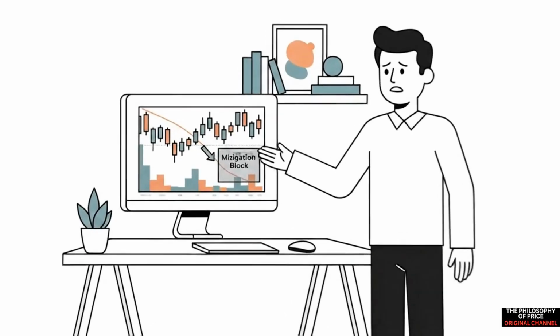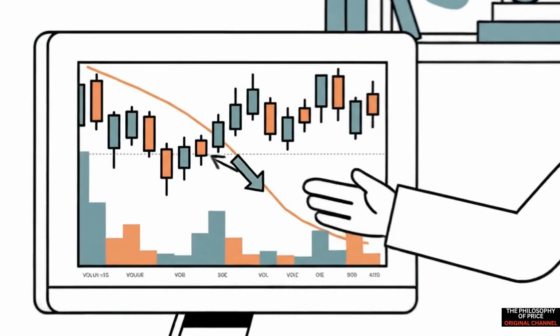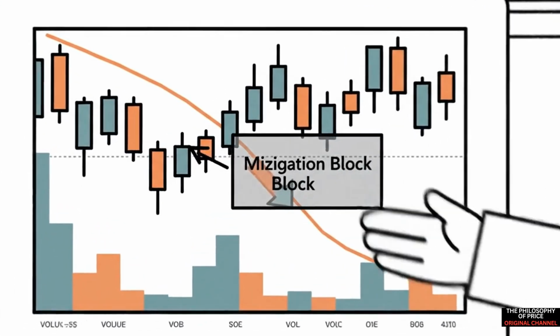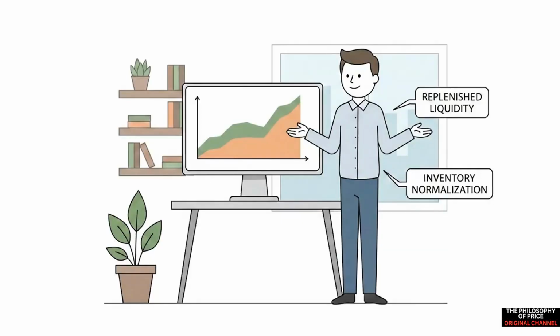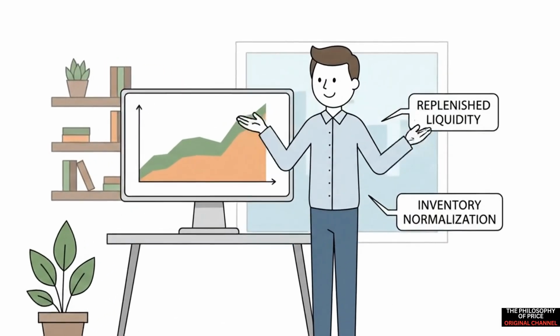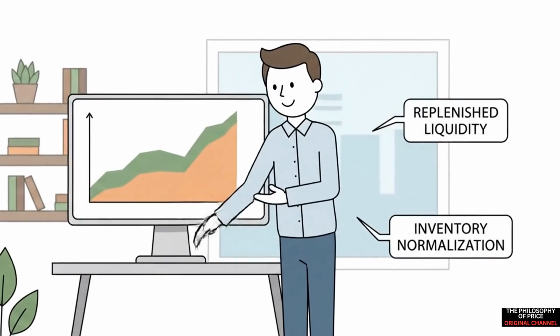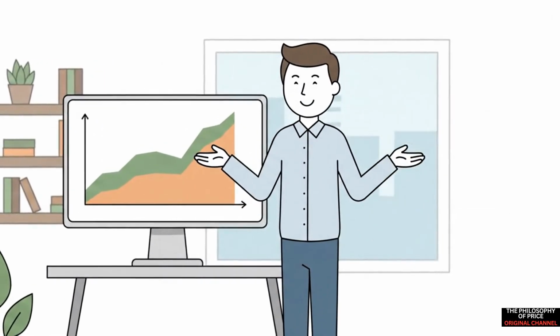The mitigation block forms when price movement falters and shifts direction, yet without the intense, rapid motion characteristic of a breaker. This block signifies more of a rebalancing process, where liquidity is replenished and market inventory normalizes, rather than a forceful directional change.